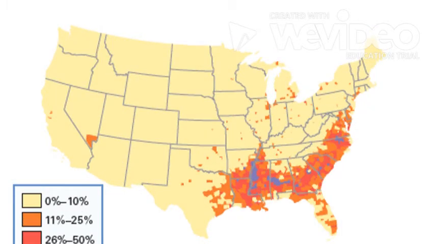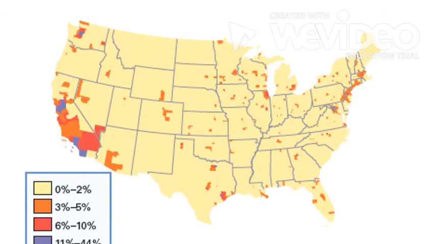Even though African Americans live in every region of the country, some areas of the United States have a higher percentage of African Americans. For example, a higher percentage of African Americans live in southern states. Many large cities also have a high percentage of African Americans. On the other hand, descendants of people who came from Asian countries, or Asian Americans, are mostly concentrated in California.